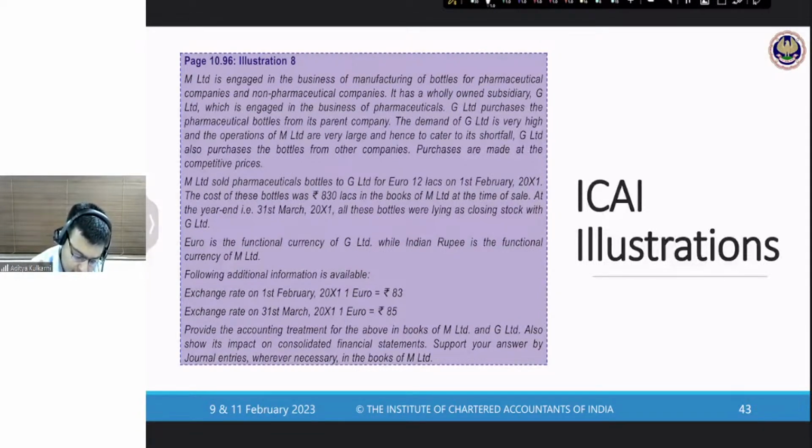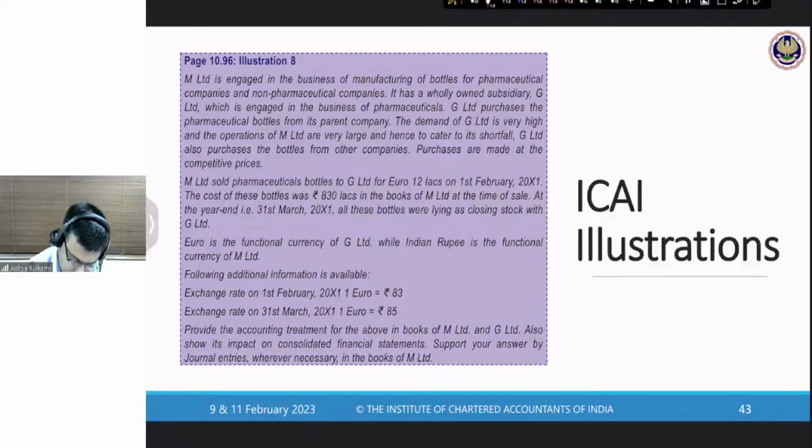M sold pharmaceutical bottles to G for 12 lakh euros on 1st February 20x1. The cost of these bottles was 830 lakhs in the books of M at the time of sale. At the year end, that is 31st March, all these bottles were lying as closing stock with G. Functional currency of G is euro, while Indian rupee is the functional currency of M. Following additional information is available.